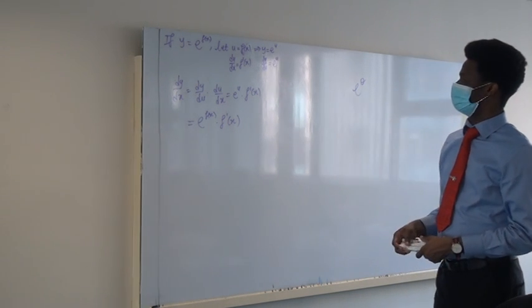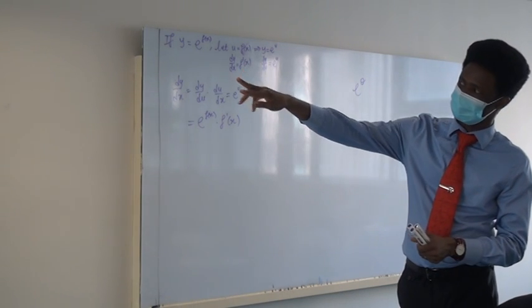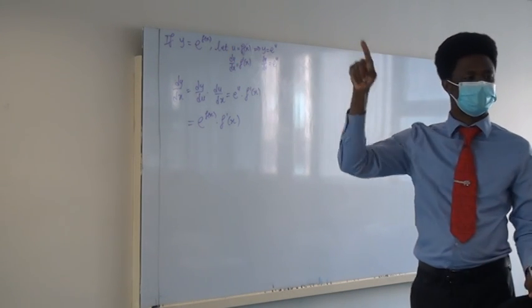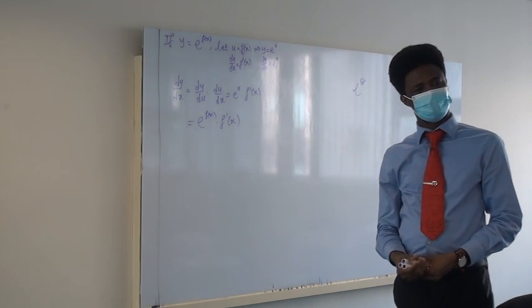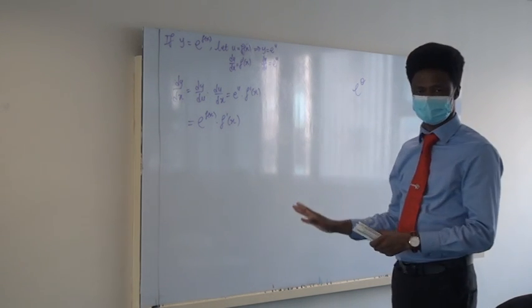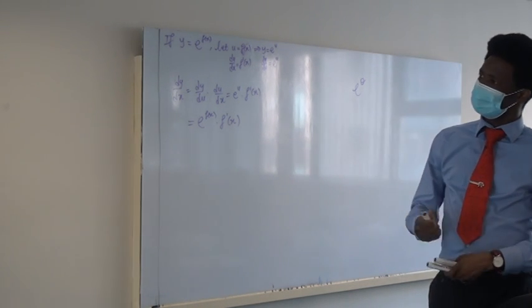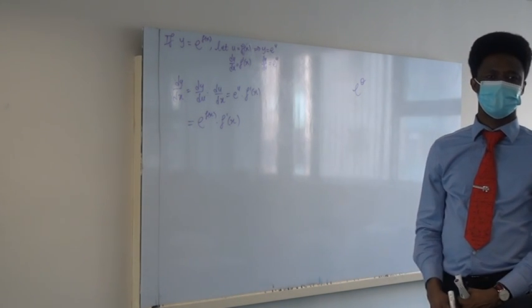Now, when I'm done with the other one, which is a raised to the power of something, we'll write a summary, and then we'll work on that before we go to logarithmic function. I want us to really work on this first. Now, we might be interested in the base not being e.